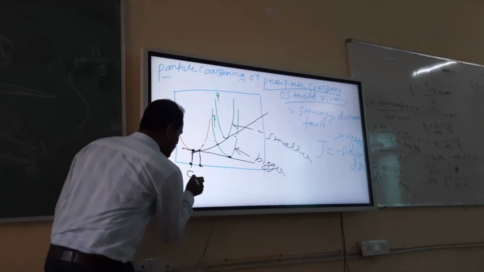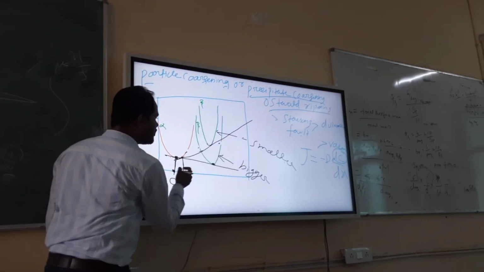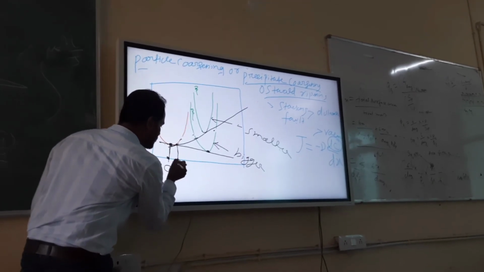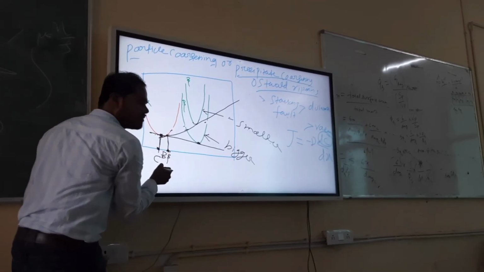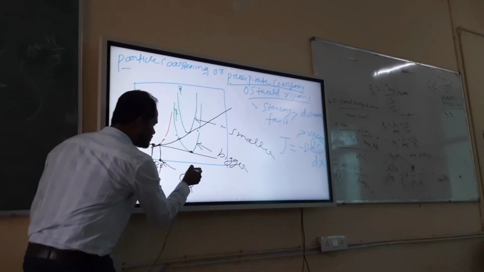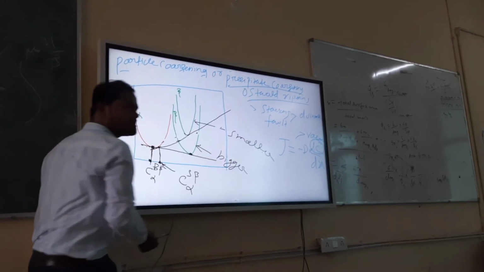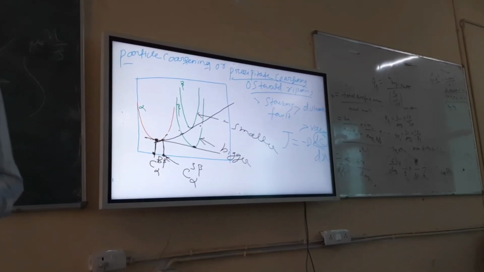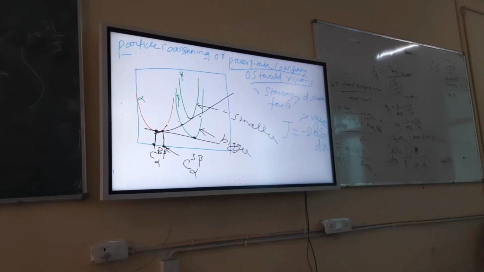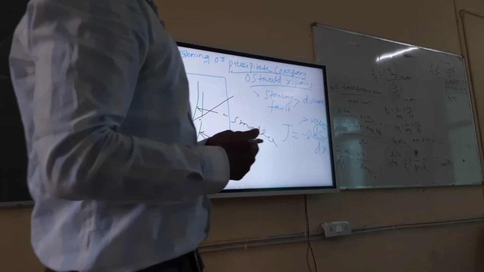This is the composition of alpha in equilibrium with the bigger beta, B beta, not B beta. And this part is the composition of alpha in equilibrium with the small one. S means small, B means big. You understood now? So this is also a diagram showing that the composition of alpha is different for different precipitate sizes.